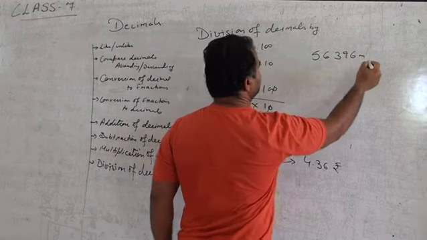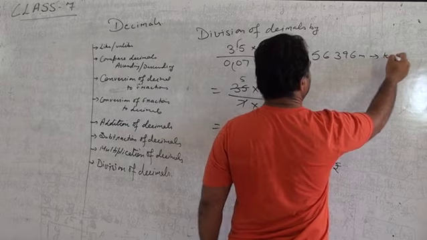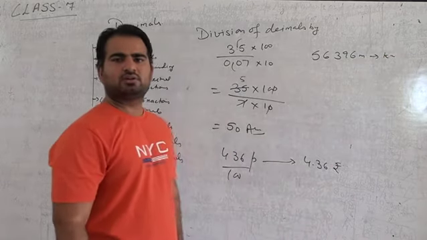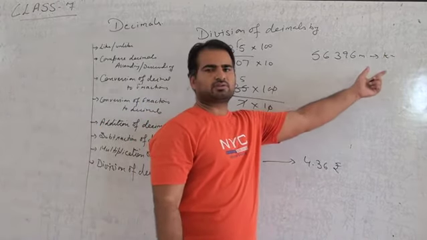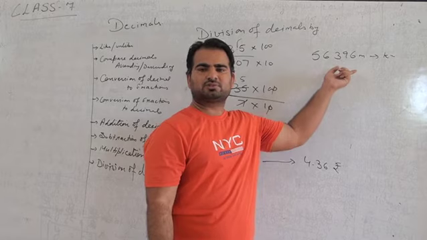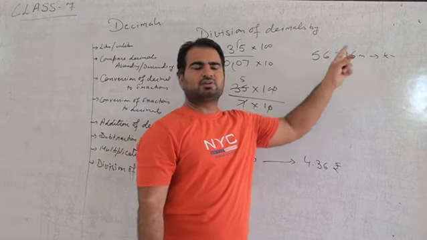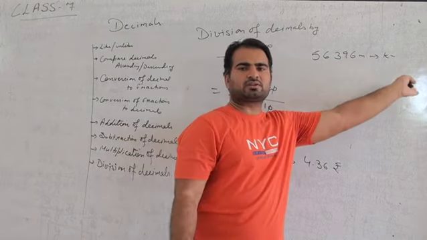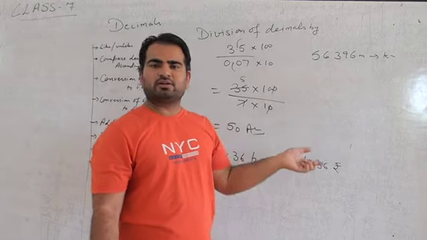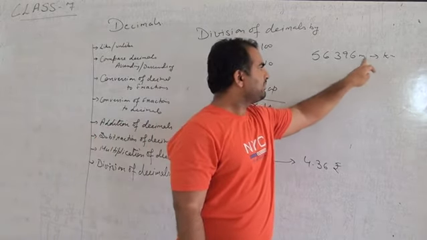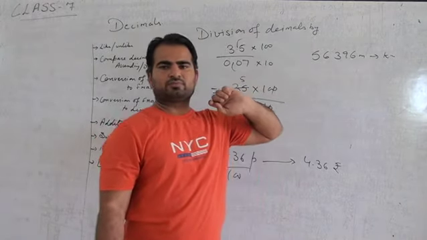Okay, next is what we have to do if we have to convert 56,396 meters into kilometers. Meter is the smaller one and kilometer is the bigger one. So we are going from smaller to bigger. Then we have to divide. How many meters are there in a kilometer? 1000.